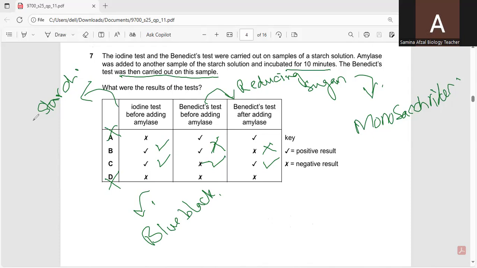It will show that the starch is broken down into monosaccharides, and the Benedict test will give positive results. But before adding the amylase solution, if we perform the Benedict test, it will give negative results. So according to this, C is the correct option. A, B, and D are not the correct options.